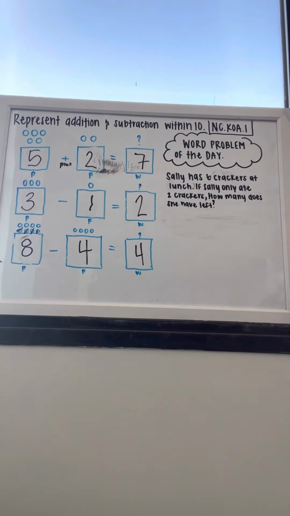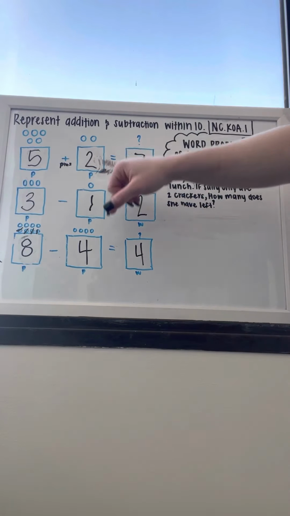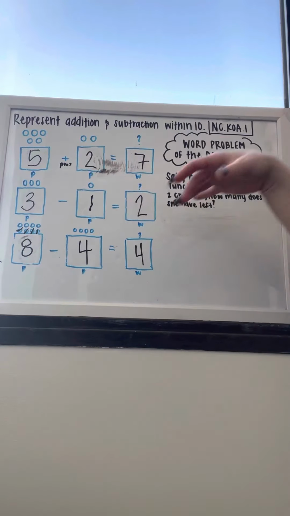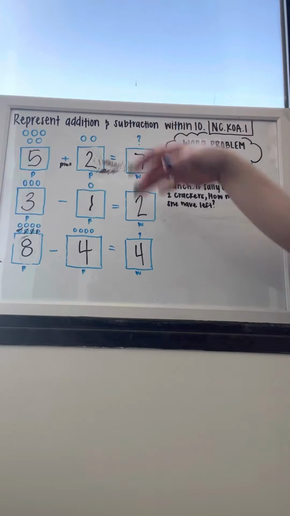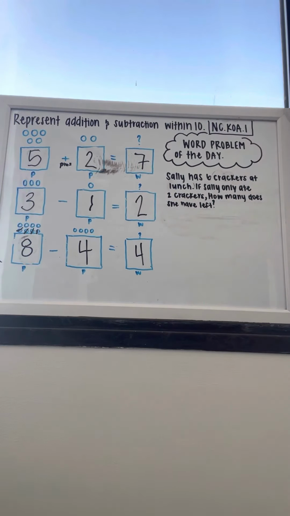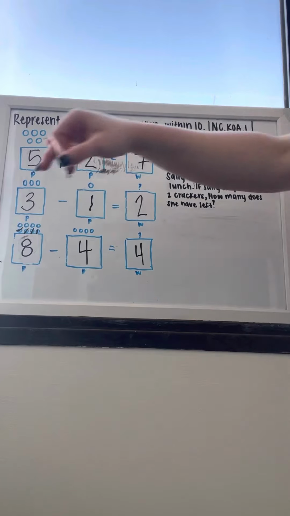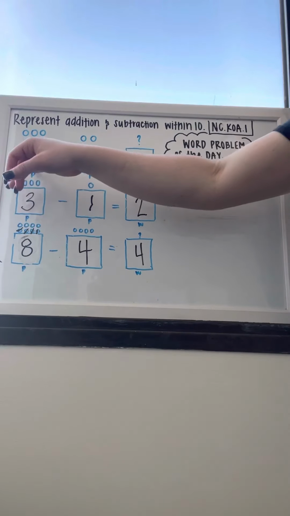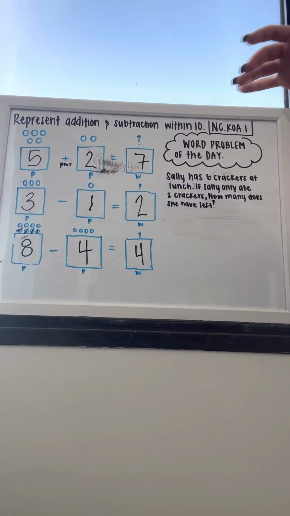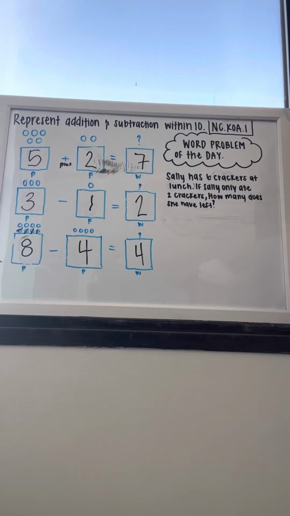The second thing I want you to do is write out your number bonds, just like this, with the crackers as circles, with your partner. And then I want you to read it out like I did with a sentence, like 5 plus 2 equals 7. With your partner, and I will walk around and make sure that everyone is doing it right. Understood? All right.